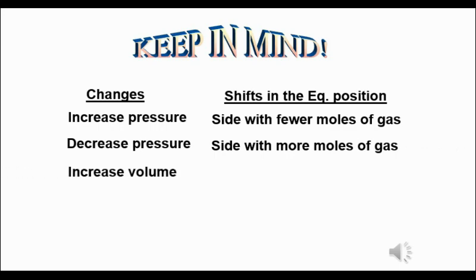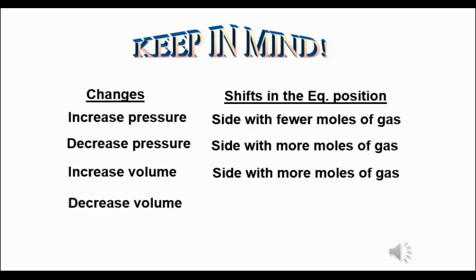If we increase the volume or decrease the pressure, the equilibrium position will shift to more moles of gas. And if we decrease the volume or increase the pressure, it will shift to fewer moles of gas.